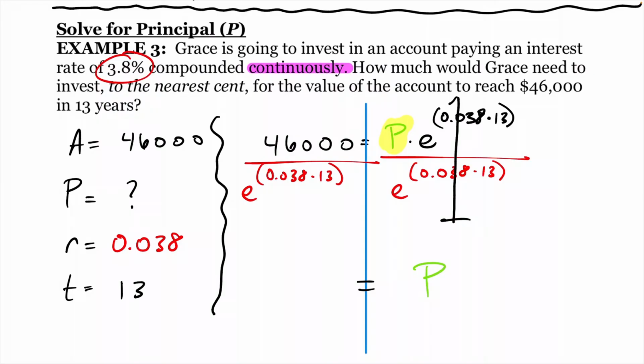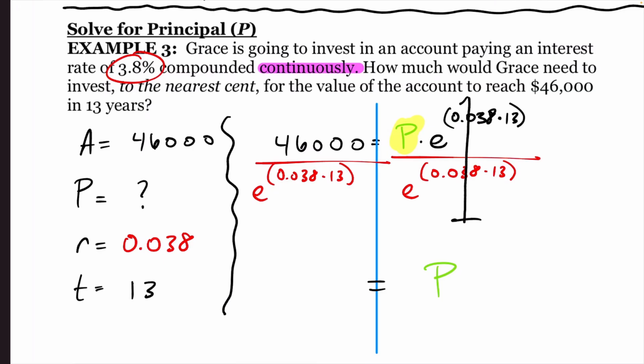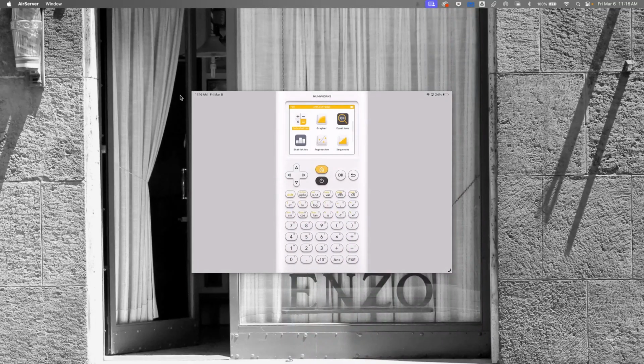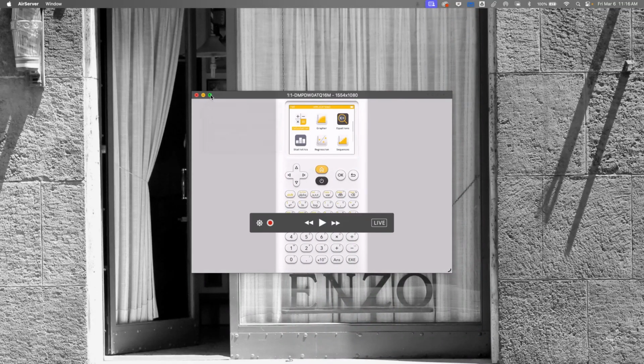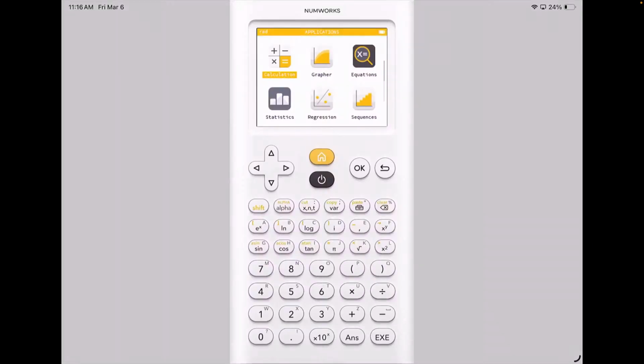Now over here, we're actually going to use the calculator to do that division problem. So let's go back to the calculator. So we had $46,000, right? $46,000. And we divided by E. E is still right underneath shift.